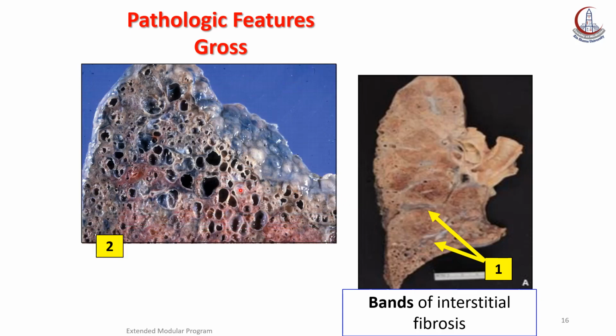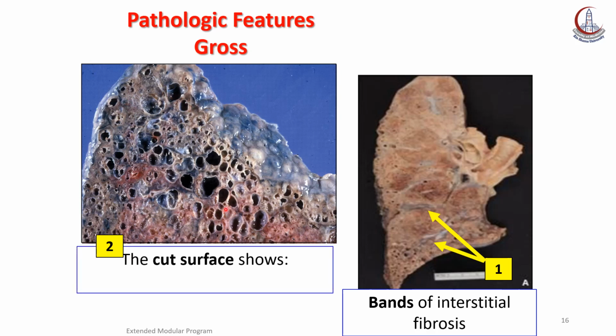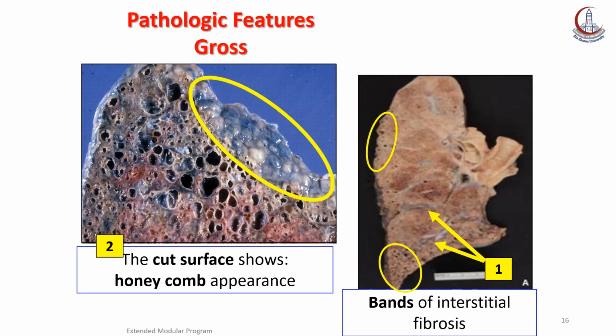Also, there are cavities, openings like a honeycomb appearance. The cut surface shows a honeycomb appearance, mostly at the periphery, called subpleural. Under the pleura, the irregularities are called cobblestone appearance.